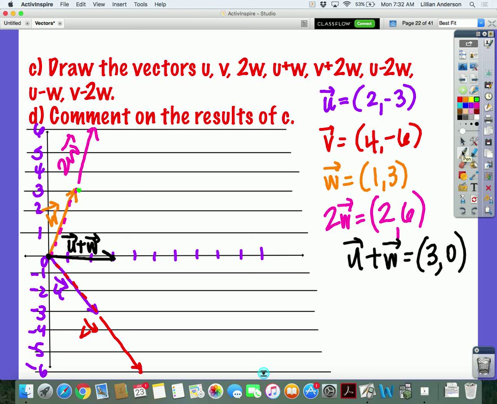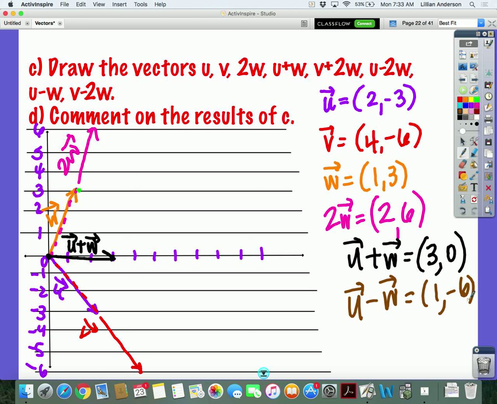Okay. The next one we're going to look at, not to make this too confusing, I'll do this in brown: vector u minus vector w. Clearly if we subtract, that's going to be a 1 and then a negative 6.